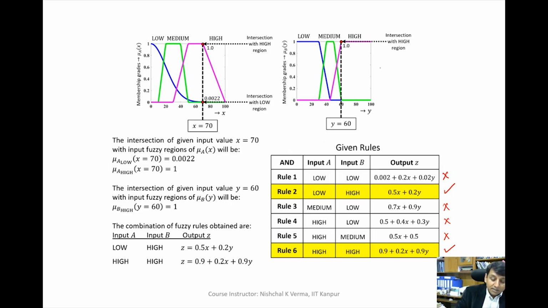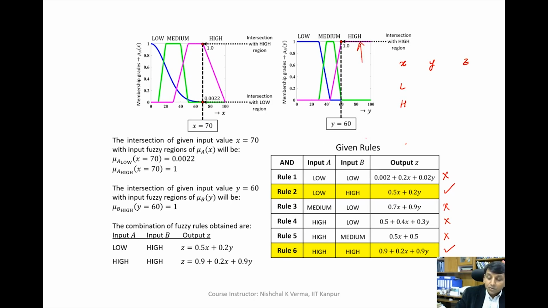We see that x equal to 70 cuts the high fuzzy region here, and then the low fuzzy region, which is characterized by the Gaussian membership function. So x and y we write, and then z. So x is cutting two fuzzy regions, low and high, and y is cutting only one fuzzy region here, the high.